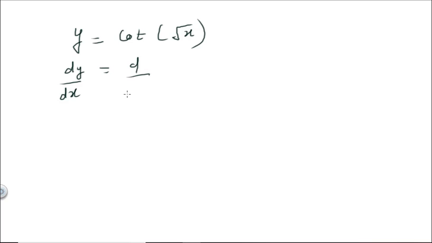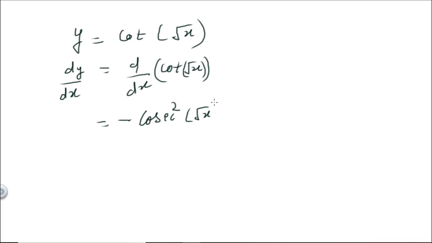Let us take the example: y is given as, suppose, cot of under root of x. Clear? So first of all you will be differentiating the function with respect to x. You will write d by dx of cot of under root x. First, the differentiation we know is minus cosecant square. The angle, root x, will remain as it is. Now we will do differentiation of under root x.